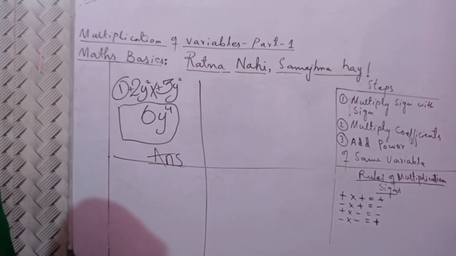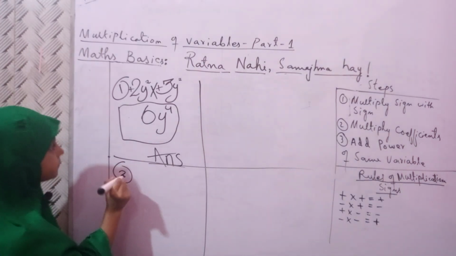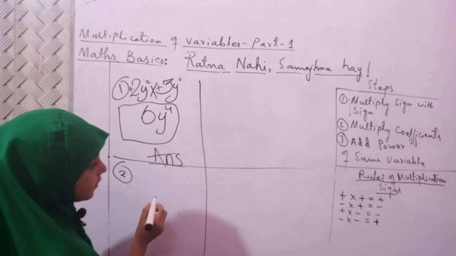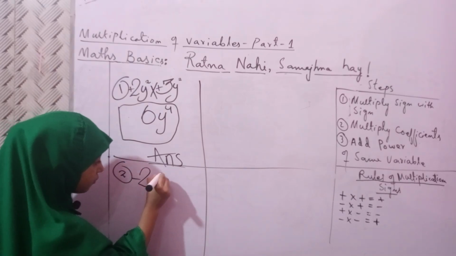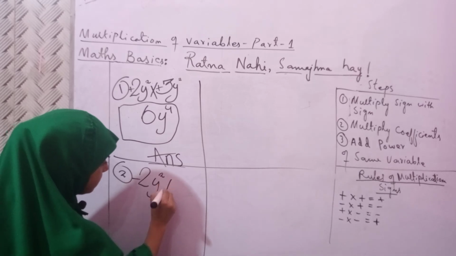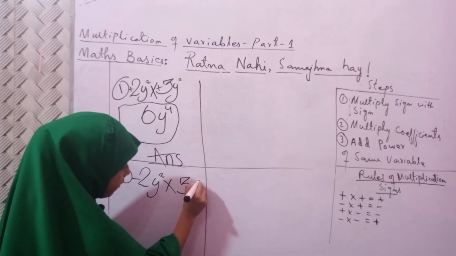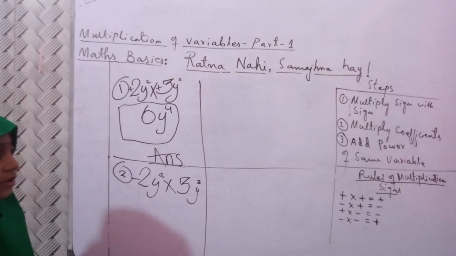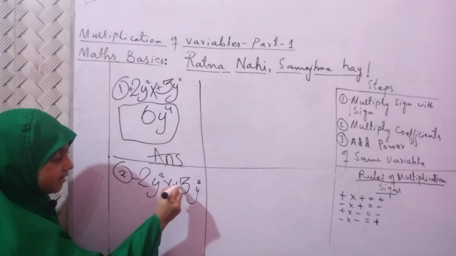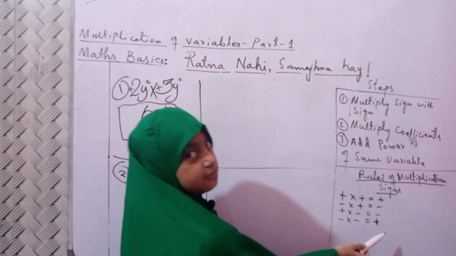Now, let's take another example. Now, see, this is my question. Now, plus is hidden. See, minus multiplied by plus is equal to minus.